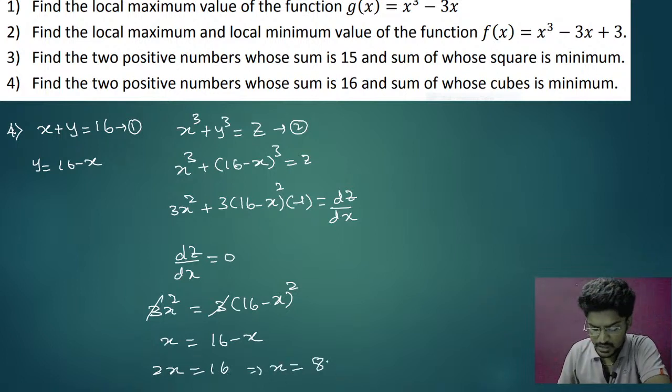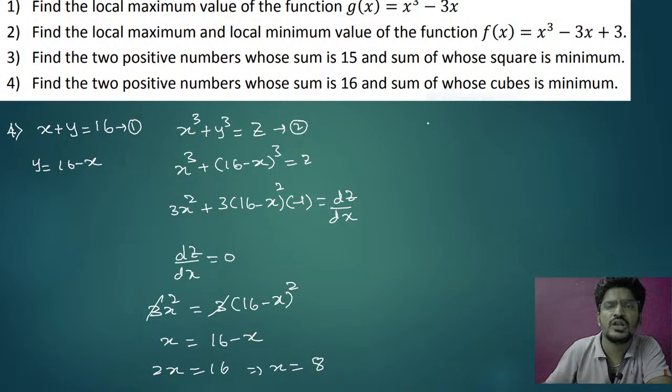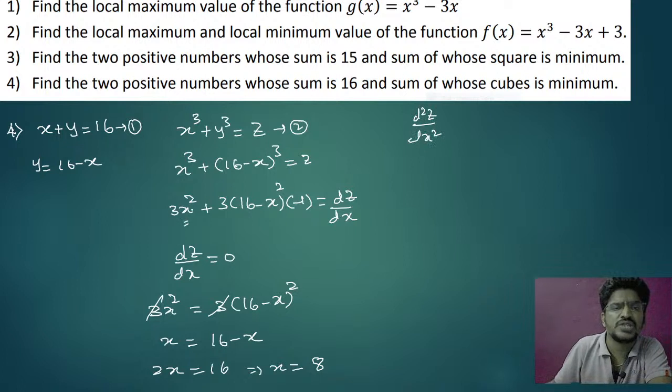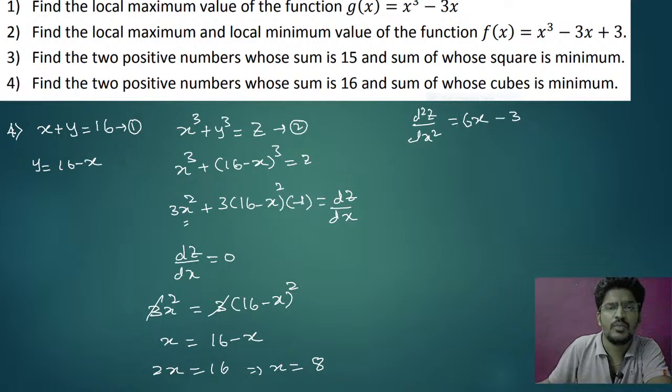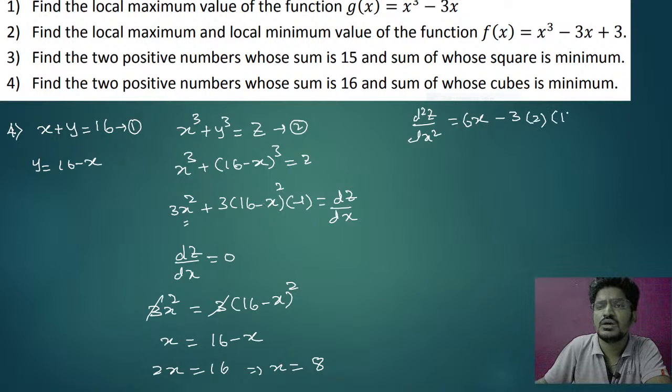Clear? Okay. No problem. Now let us go for double differentiation. d square z by dx square. If I double differentiate it, it will be 6x. Here you can see minus into plus will be minus 3, again (16 minus x) whole square, so it will be 2 into (16 minus x), and again differentiation of 16 minus x is minus 1.